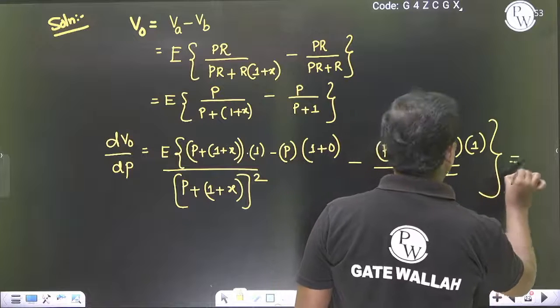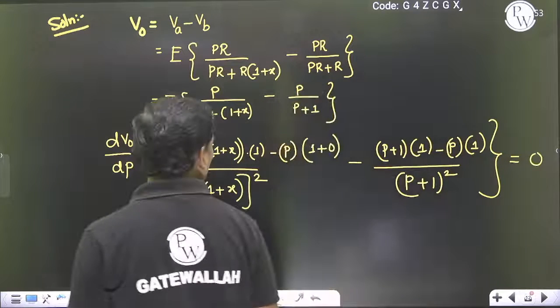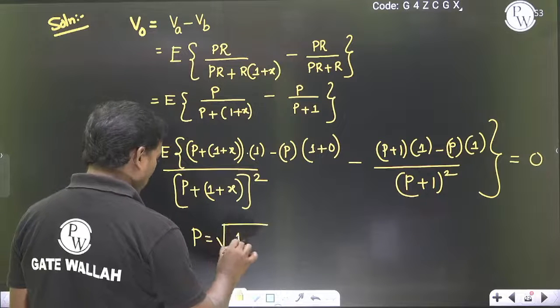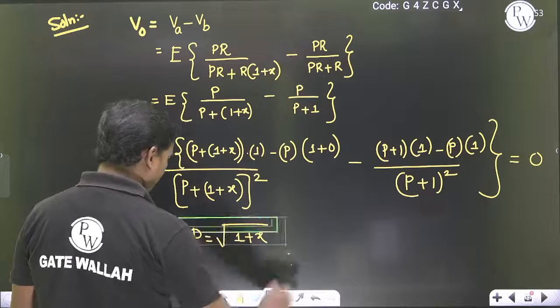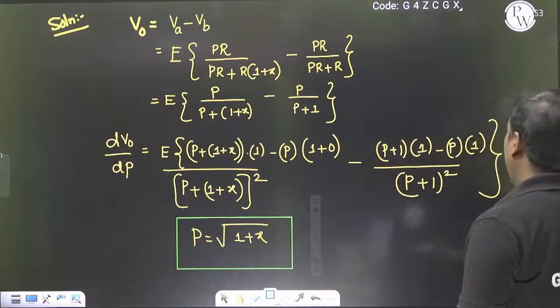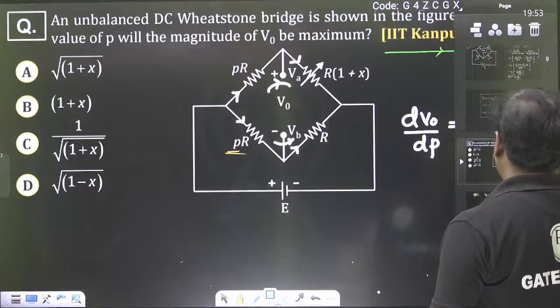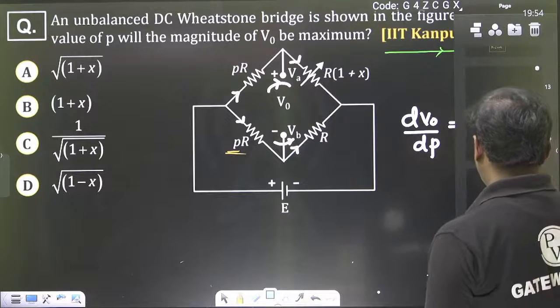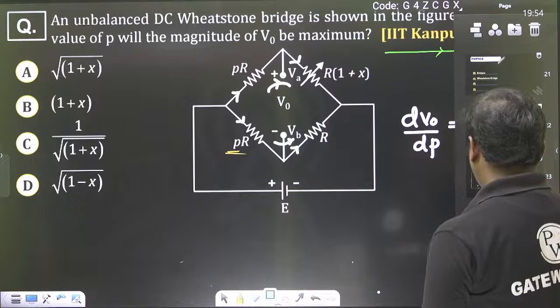So this is equal to 0. If you simplify, then P will come as root over 1 plus X. So maximum will be when dV naught by dP is 0. So option A is the right answer.